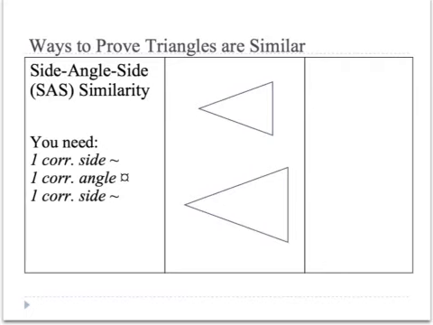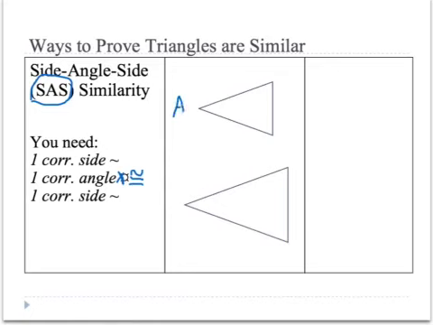The last way to prove triangles are similar is by the side-angle-side similarity. And in order to do this one, I need one corresponding side to be proportional, one pair of angles to be congruent, and then the other side to be proportional as well. So let's start by labeling.